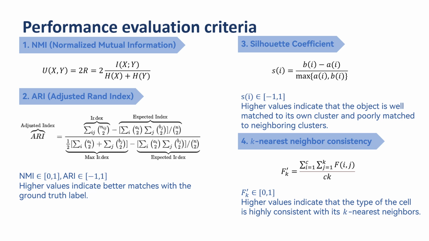This indicator calculates the proportion of correct edges in the entire k-nearest neighbor graph, reflecting the degree of consistency between a cell and its k-nearest neighbors. Higher values indicate high consistency between the cell type and its k-nearest neighbors.